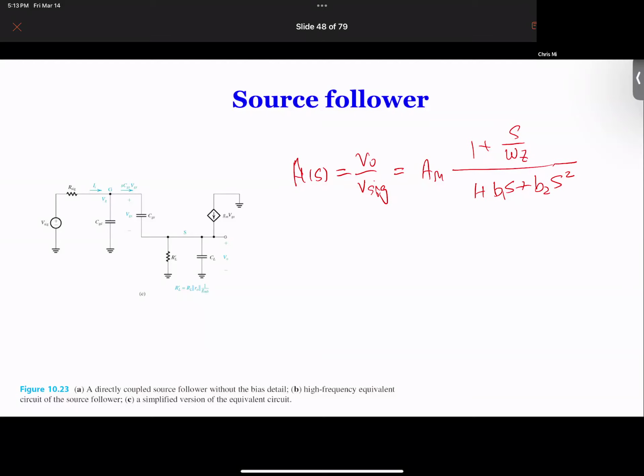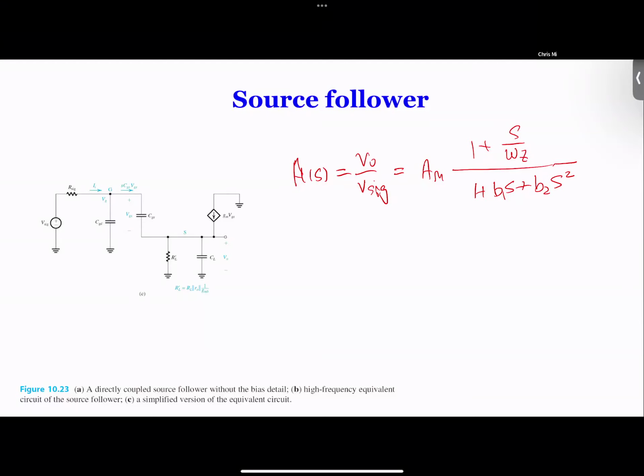So basically, in this case, you already know that we have one zero and two poles. Now, I want to possibly draw this, but of course, this WZ and B1 and B2 can be written out.